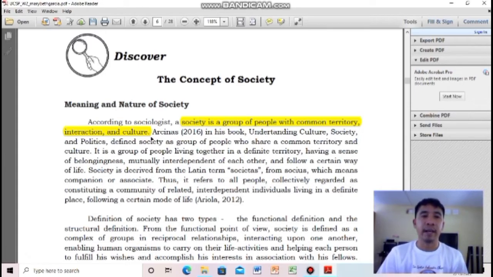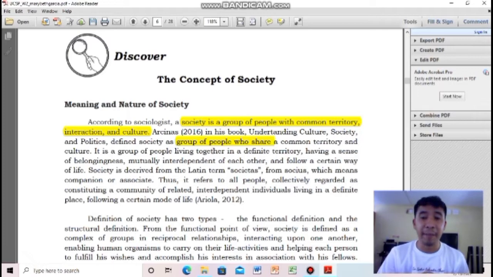So according sa libro ni Arsenas, Understanding Culture, Society, and Politics defines society as a group of people who share. Try to remember these words, this group of people who share, this term, who share a common territory and culture.